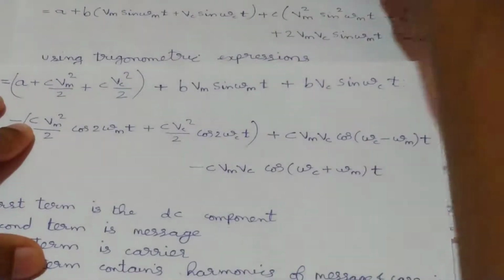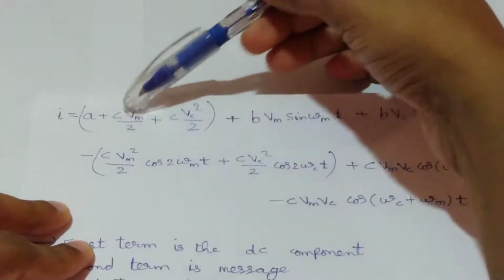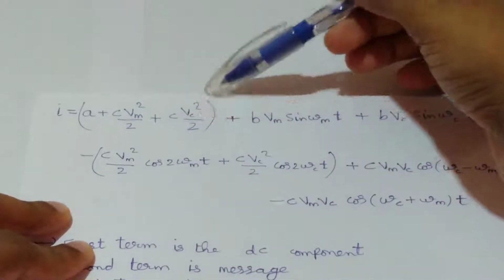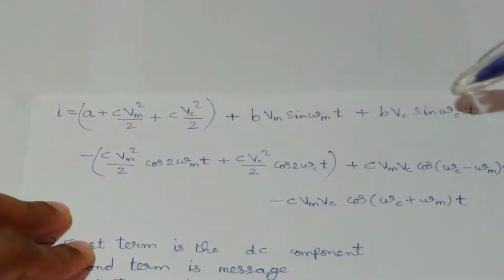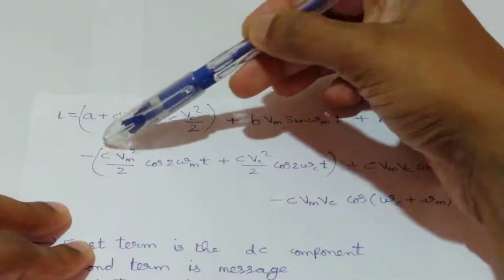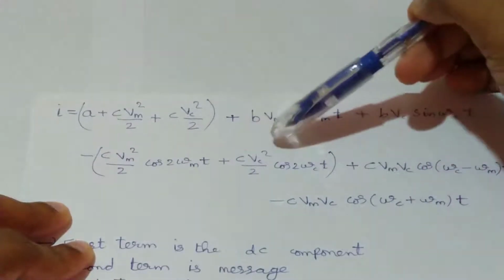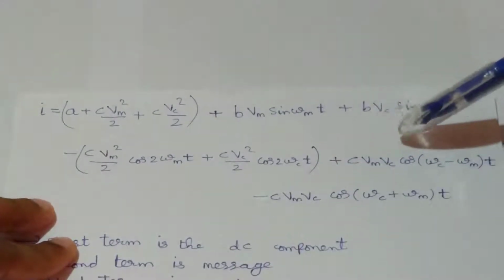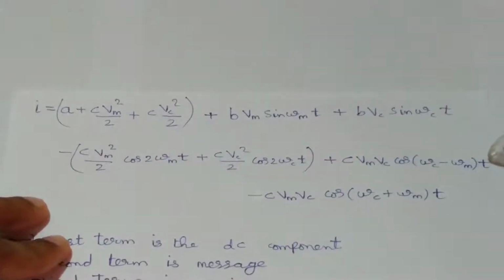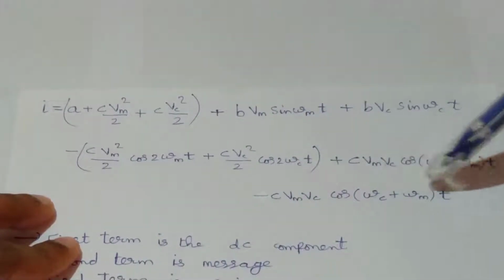So we have the current I is equal to A plus C Vm square by 2 plus C Vc square by 2 plus B Vm sin omega mt plus B Vc sin omega ct minus of C Vm square by 2 cos 2 omega mt plus C Vc square by 2 cos 2 omega ct plus C Vm Vc cos (omega c minus omega m) t minus C Vm Vc cos (omega c plus omega m) t.